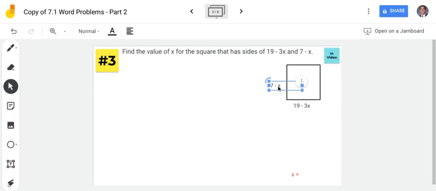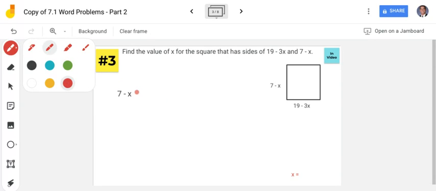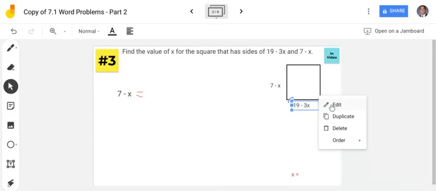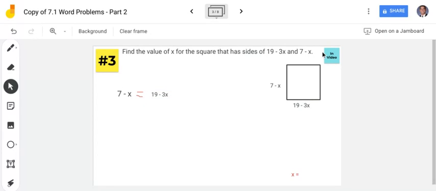Now, one option right here is these 3 dots. I can do what's called duplicate. So let's duplicate, and let me drag this over here. I can have 7 minus x. Then I can say this is going to be equal to this side, which is 19 minus 3x. So duplicate, drag.